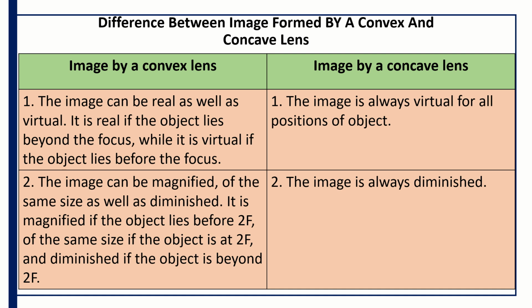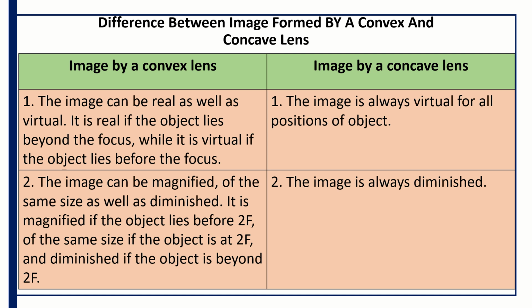The image is always diminished in the case of a concave lens. In convex, it will be magnified, same size, and diminished. In the case of concave, it is always diminished.